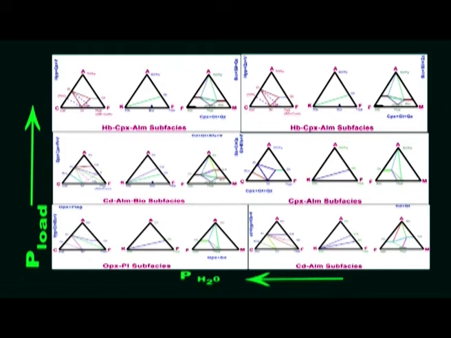The two minerals react with each other to form clinopyroxene-almandine pyroxene granulites by the following reaction: orthopyroxene plus plagioclase gives rise to clinopyroxene plus garnet plus quartz.